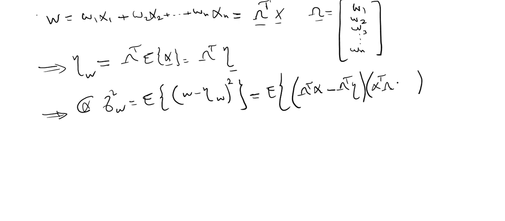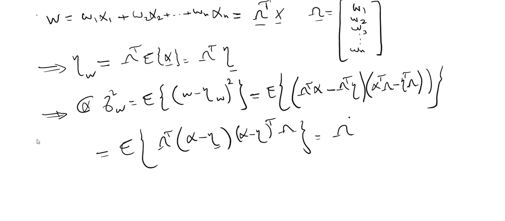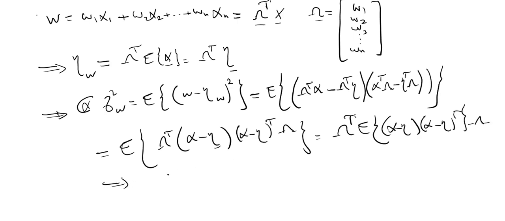So we have X transpose omega minus eta transpose omega. And it's omega transpose times the expectation of (X minus eta) multiplied by (X minus eta) transpose, and this is the covariance matrix of X, so it is omega transpose C omega.